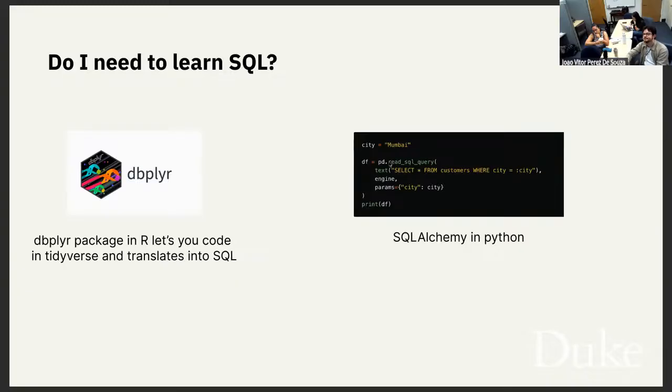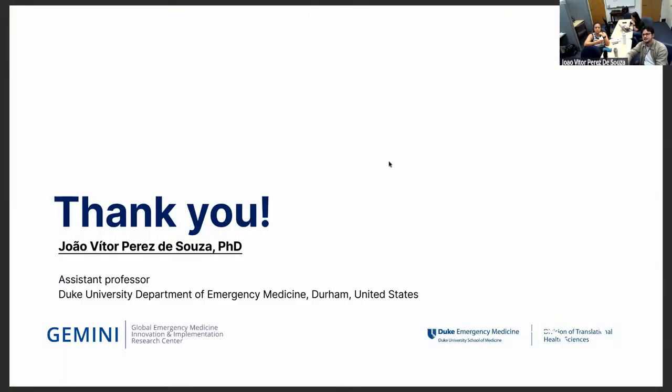So you can write what you want to do, even in English or whatever language, say, I want to query this database for only patients coming to the ED 10 years ago. It's going to be able to write the SQL code for you, or it can take your Python or R code and transform it into SQL for you to then run. Okay, that's it. Thank you for listening. Let me know if you have any questions.